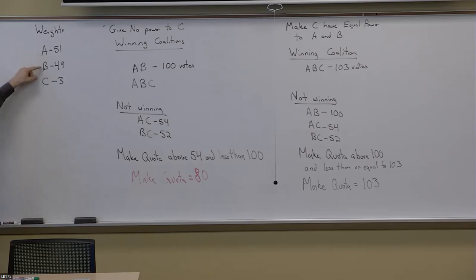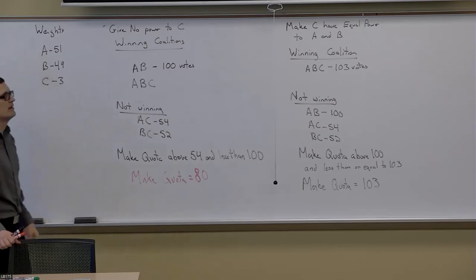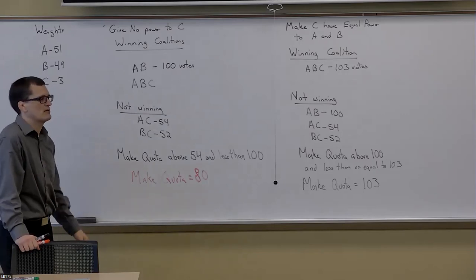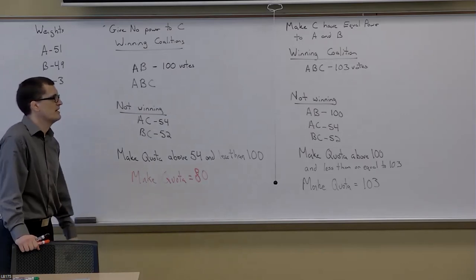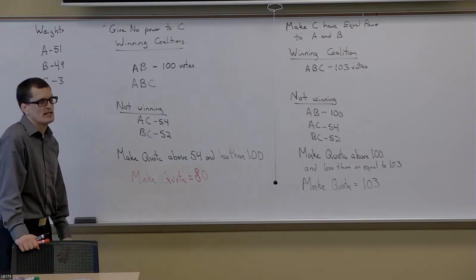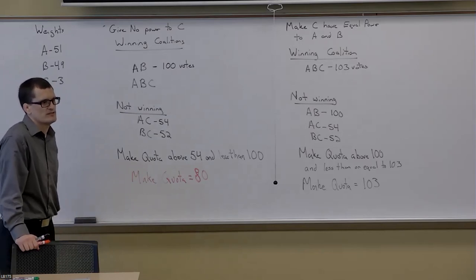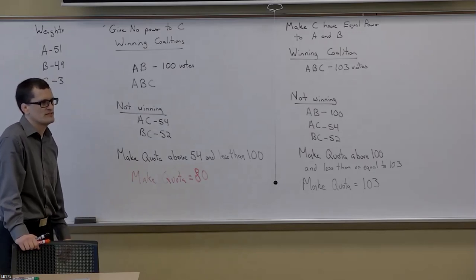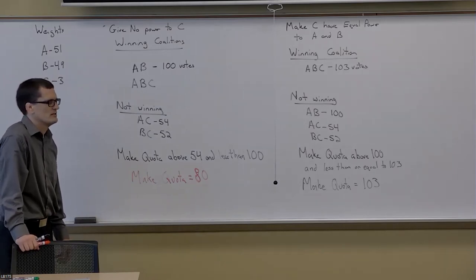C is never going to have more power than B. But there are ways to give C no power. There are ways to give C equal power. Again, equal power is always the easy one. Just make sure you have everything unanimous. Force unanimous.